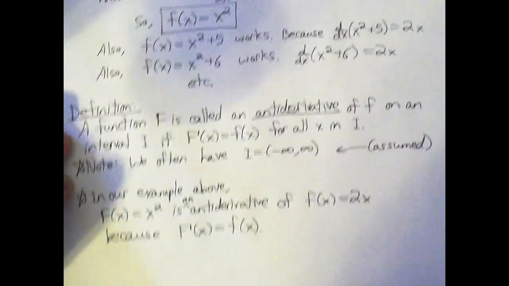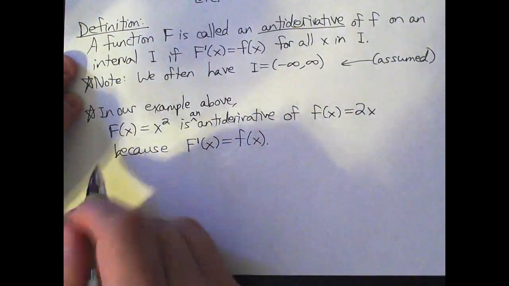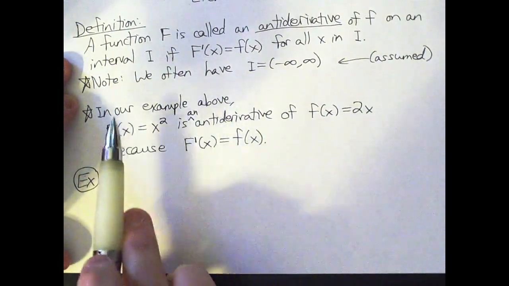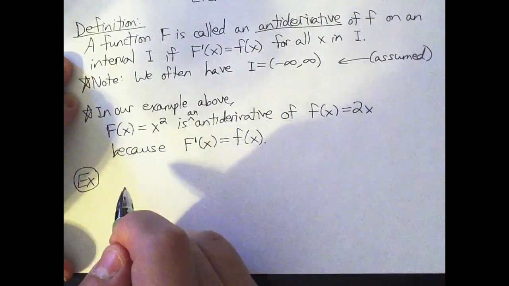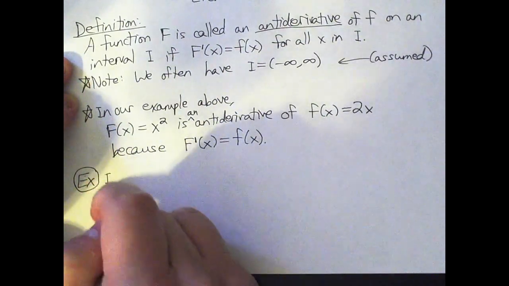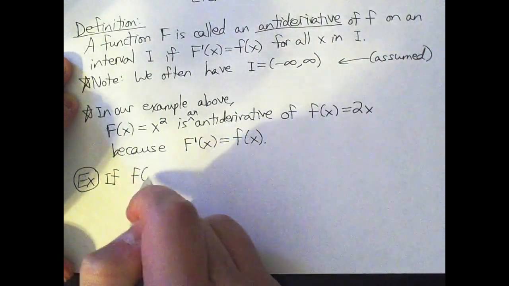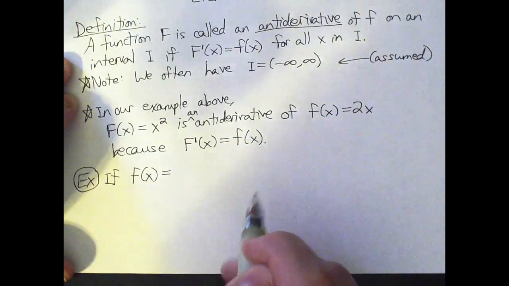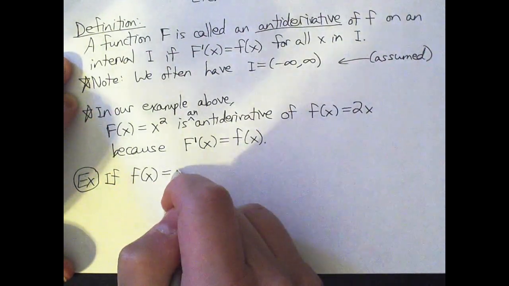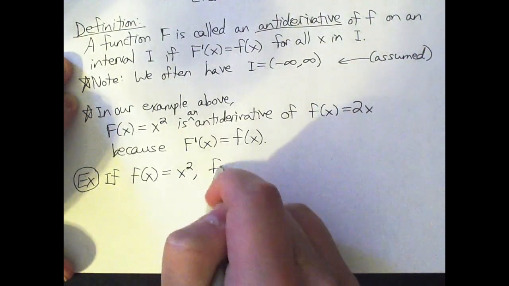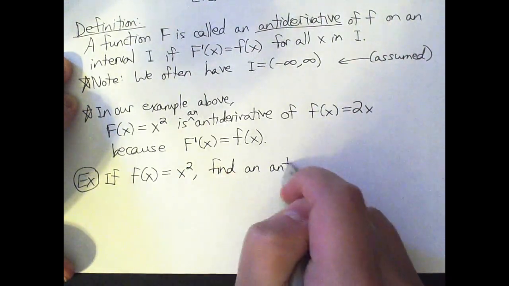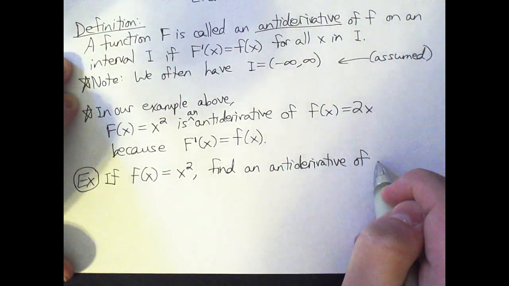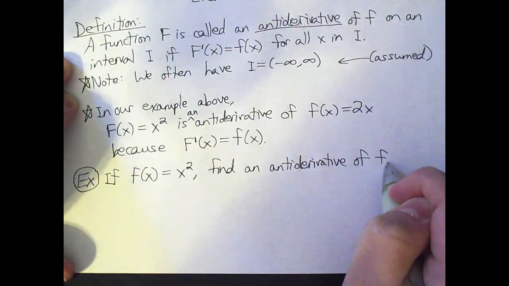Let's look at another example. In fact, the above example was phrased just with lowercase f, but let's do an example where we use this capital F and lowercase f. So how about if lowercase f of x equals x squared, find an antiderivative of lowercase f.